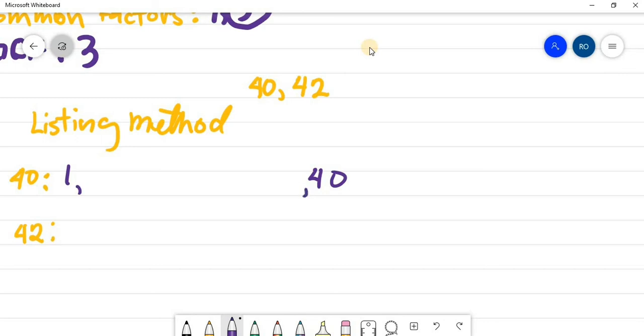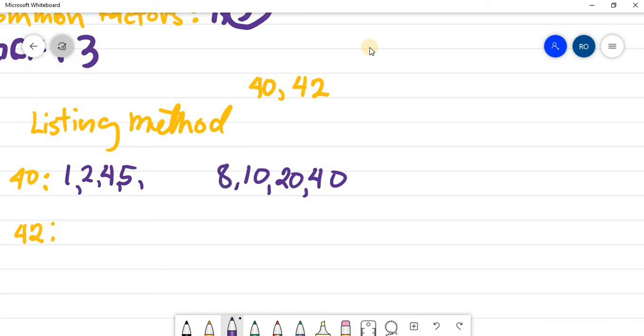So 1 times 40, we have also 2 times 20. 3 times what? No, 3 is not a factor of 40. 4 times 10. Yeah, 5 times 8.